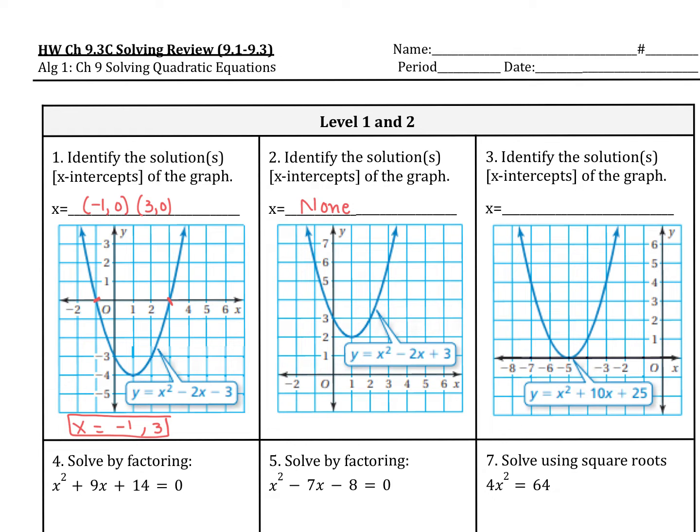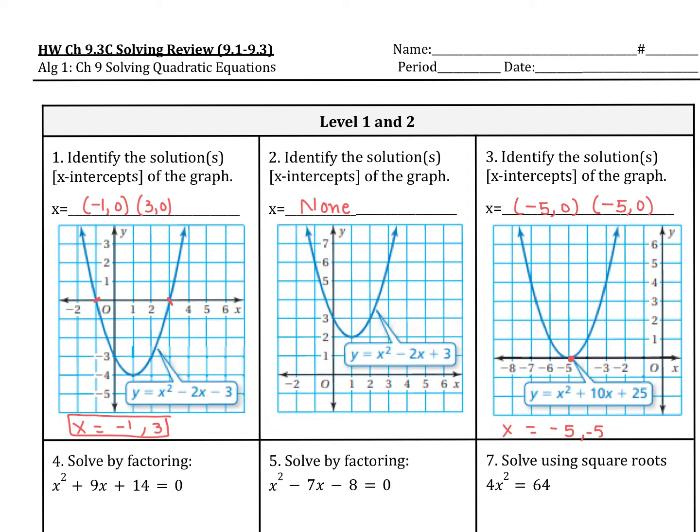For number 3, the graph is meeting the x-axis only at one point, which is (-5, 0). So this is going to be a repeating root. Or in other words, you can write -5, -5, which is the same solution.